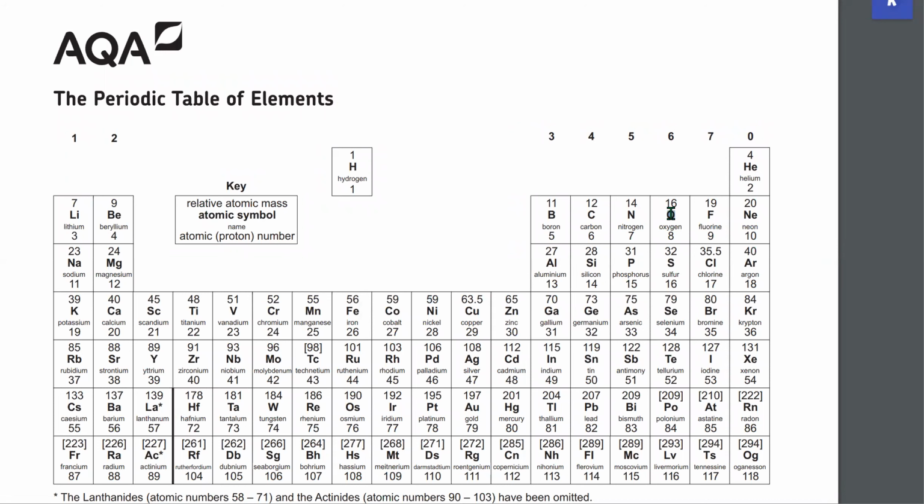Oxygen, at the top, will have a higher ionization energy. It's more difficult to remove electrons from a smaller atom because the electrons are closer to the nucleus and less shielded. Because of these two factors, it becomes more difficult to remove electrons from oxygen compared to sulfur. Down the group, it would be easier to remove electrons from sulfur. Is this clear?